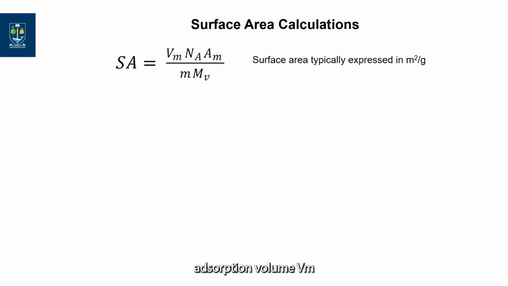If we know the monolayer adsorption volume, Vm, we can estimate the surface area of a sample. This is often called BET surface area. The BET surface area is commonly measured per unit mass of the sample, for example in square meters per gram.